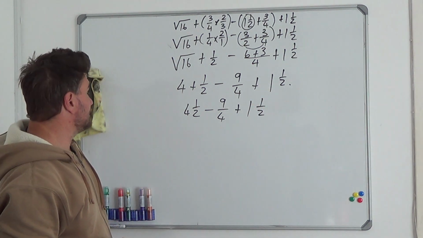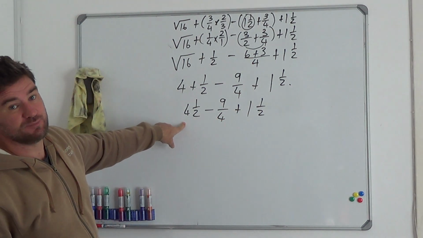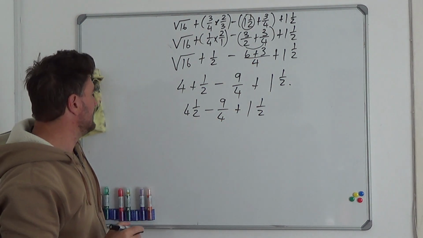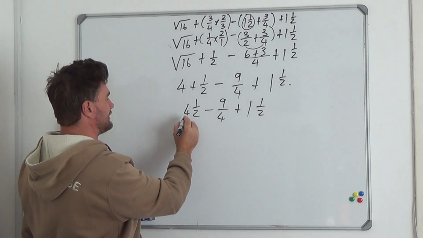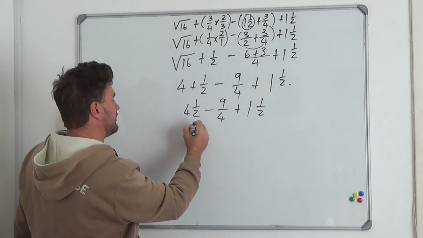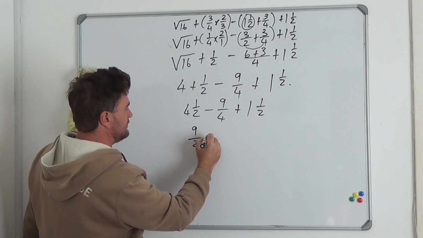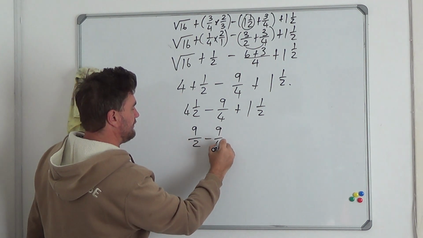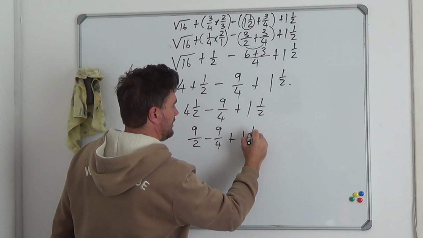When we plus or minus, our denominators have got to be the same. So let's change this into an improper fraction to make it easier to work with. 4 times 2 is 8, plus 1 is 9 over 2, minus 9 over 4, plus 1 and a half.